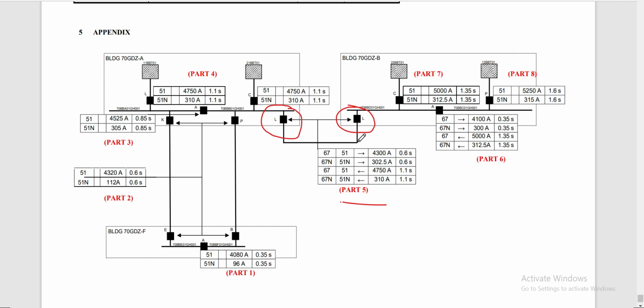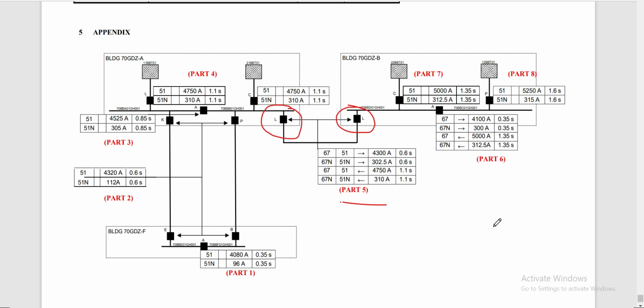We have here 51, 51N, 67, and 67N. So these are in both directions, going to the right and going to the left. It depends upon which building or feeders are feeding the system.